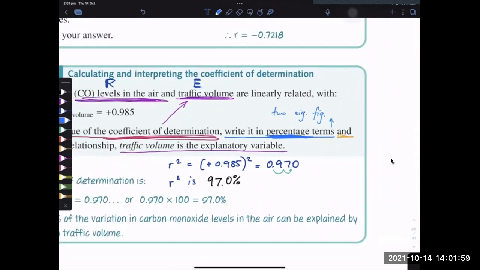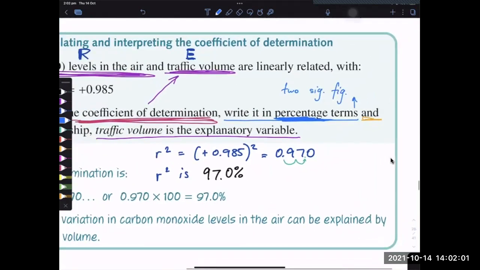Just revising, what is 2 significant figures again? 2 numbers, where the first number that you start counting from has to be non-zero. So this first number here is a 9, so we start counting our significant figures now. That's our first significant figure, this is our second. If there's 2, then we're done. We don't need to write that 0.0. It just looks nice.